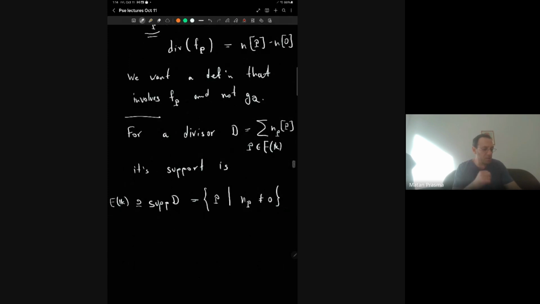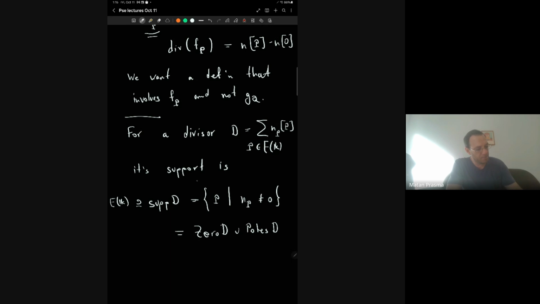In other words, it's the set of zeros of D union the set of poles of D, because anything else is not. Zeros are points for which the coefficient is positive, and poles are points for which the coefficient is negative.